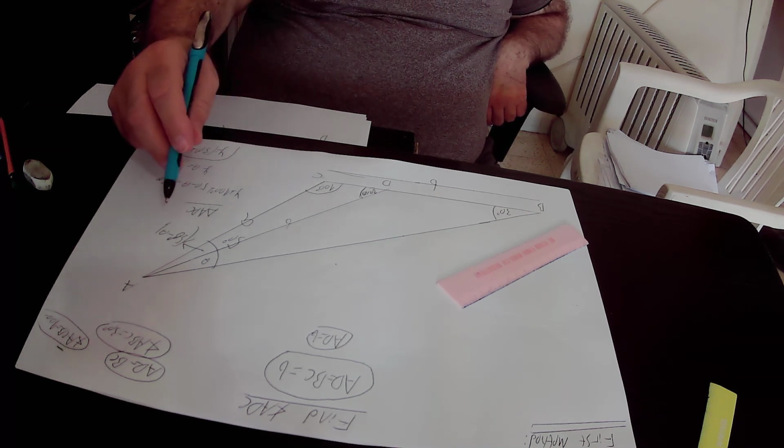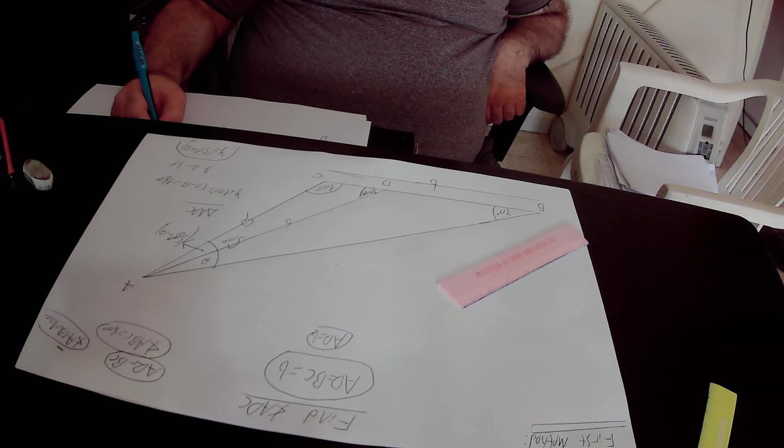So angle DAC equals 50 degrees minus theta.